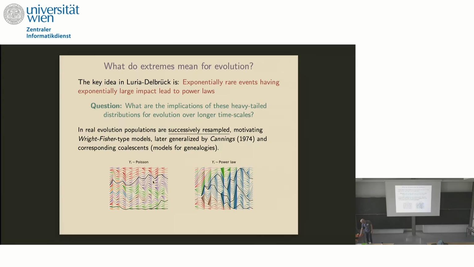So in these models, you can ask questions about the fluctuations in those frequencies, or you could sample individuals at the end and ask questions about the structure of those genealogies. How fast do they coalesce? And this has also led to a lot of extreme value theory. I'm showing two pictures, one with the Poisson, one with the power law tail distribution for the number of offspring, and you can see the difference both in the coalescence and the fluctuations being much larger in the power law tail one.